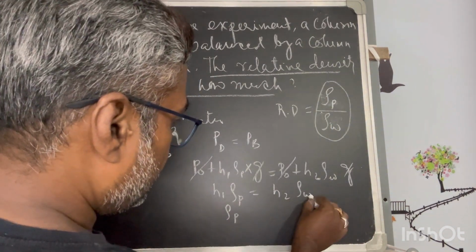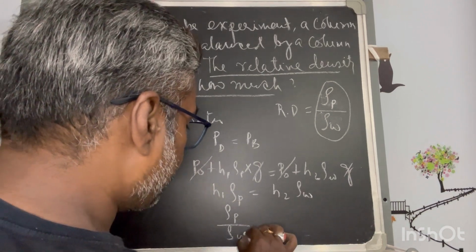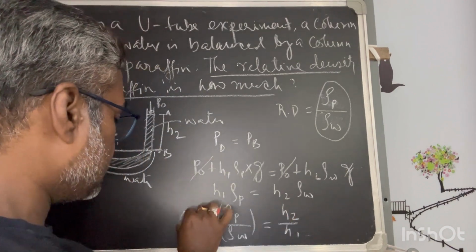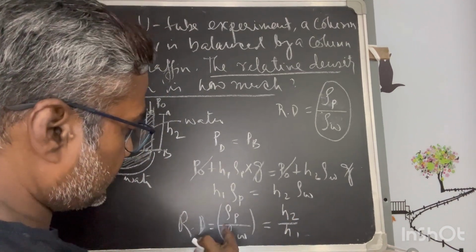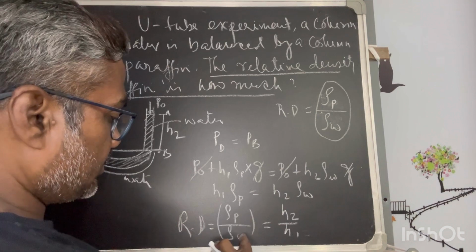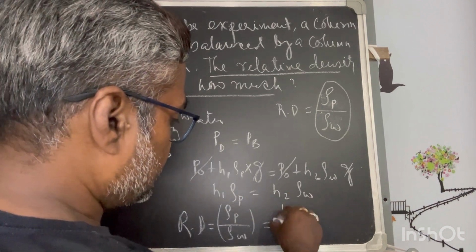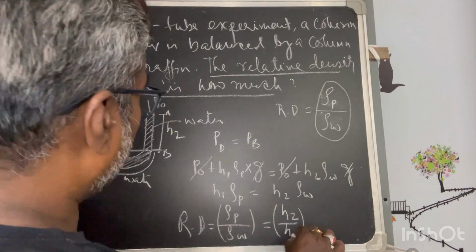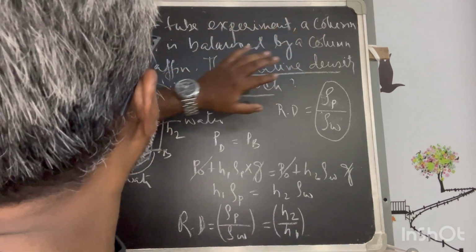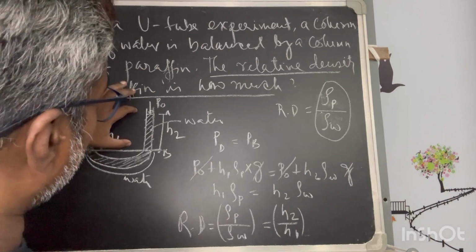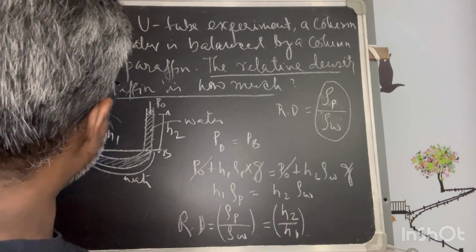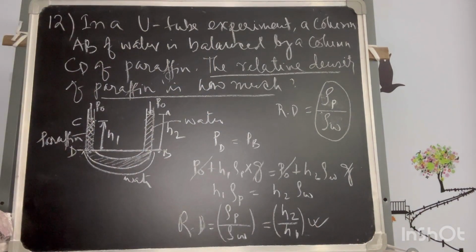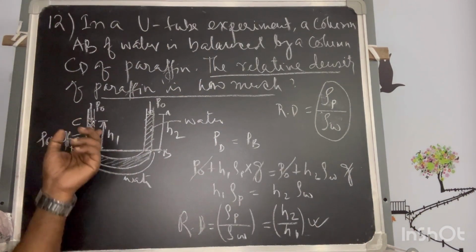If I bring this, I will get H2 by H1. So the relative density, the density of the paraffin by the density of water, can be represented as H2 by H1, where the height of the AB column is H2 and the CD column is H1. This is the relation we get for the relative density of the paraffin.